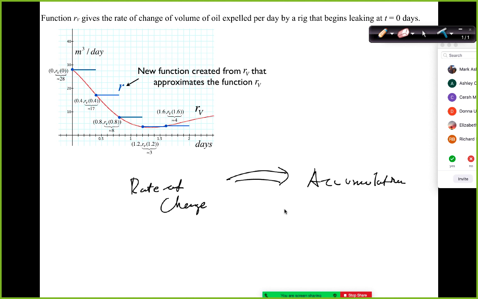Everything we've been doing in the last couple of weeks. You take the rate of change and you multiply it by the differential. To get?